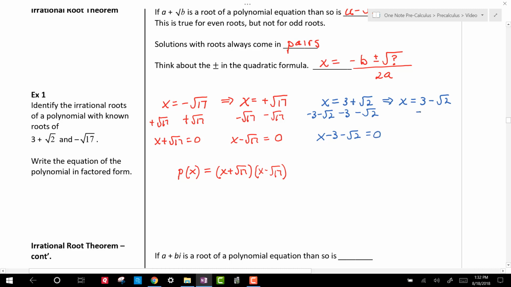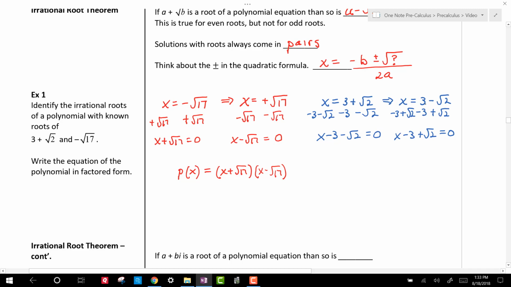The 3 is still positive, so I'm going to subtract 3, but this time I'm going to add root 2. So subtract 3, add root 2, and I get x minus 3 plus root 2. So it's only the root that changes, that you have the plus and the minus.